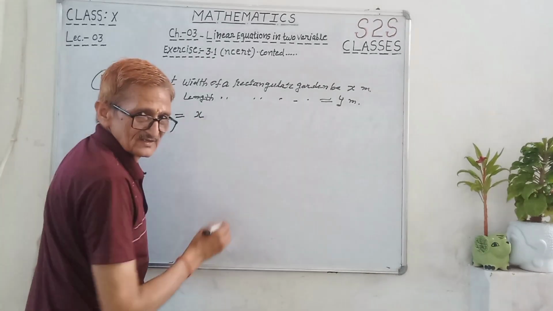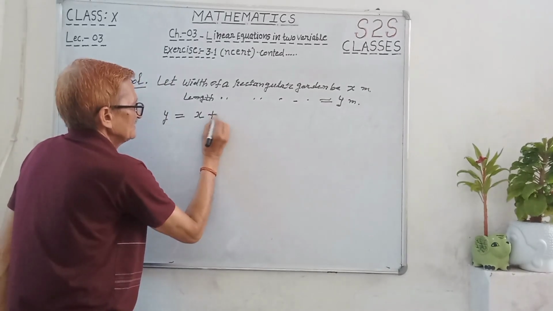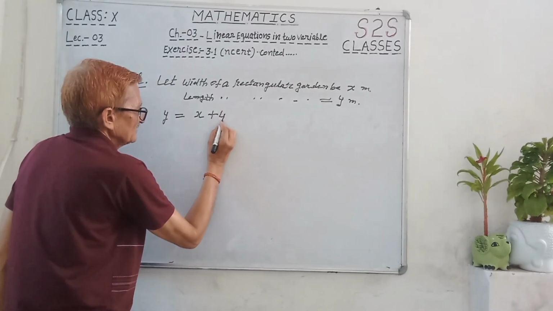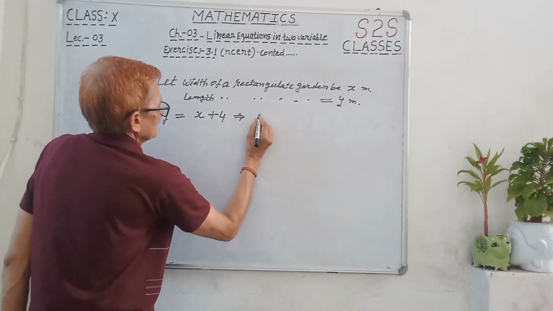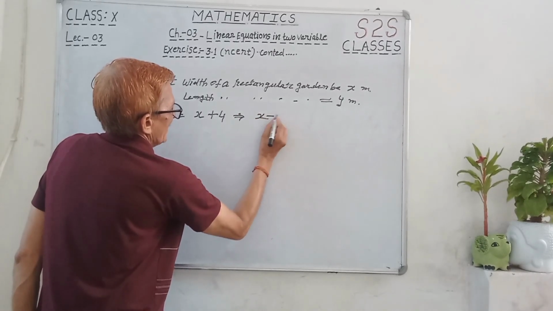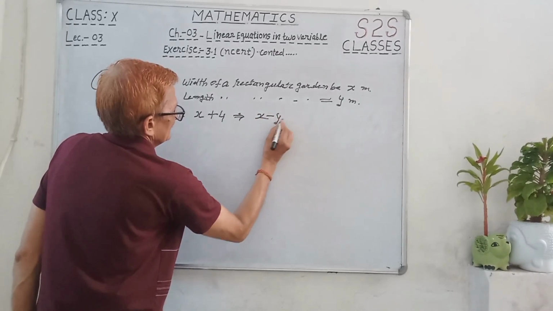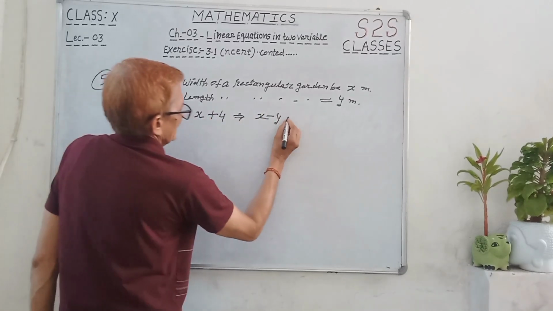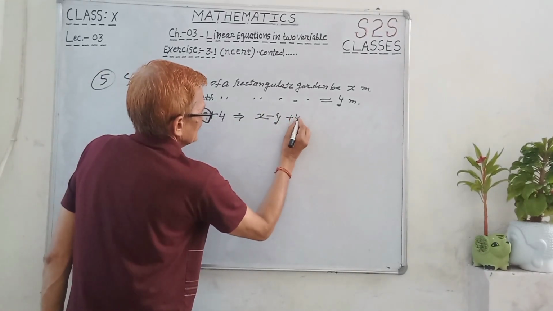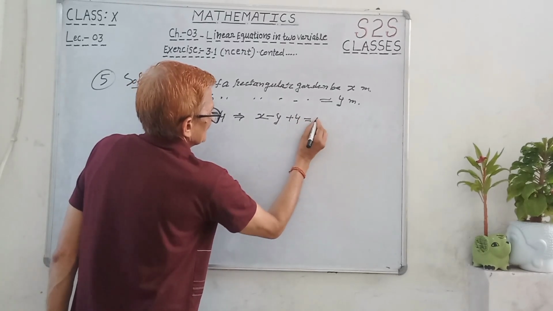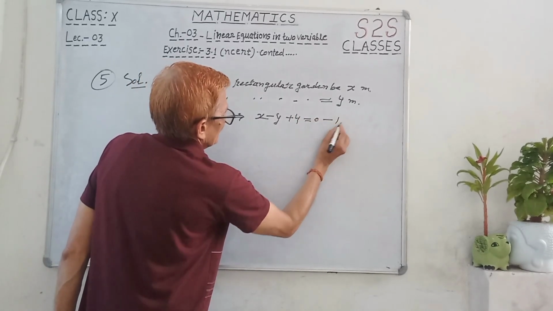Width is x, so 4 more means add 4 to it. This is the first equation, first relation: x minus y plus 4 equal to 0.